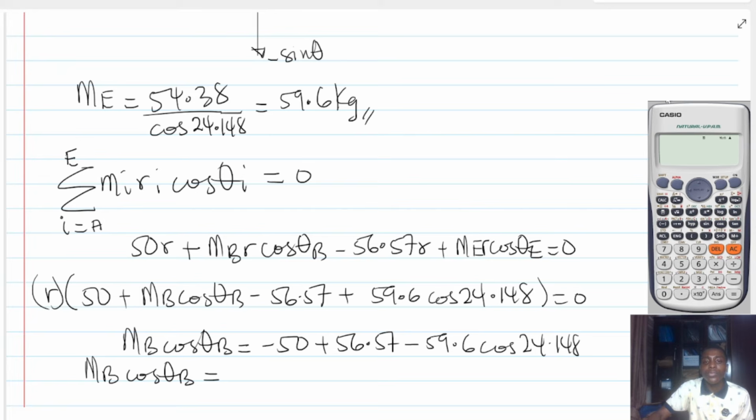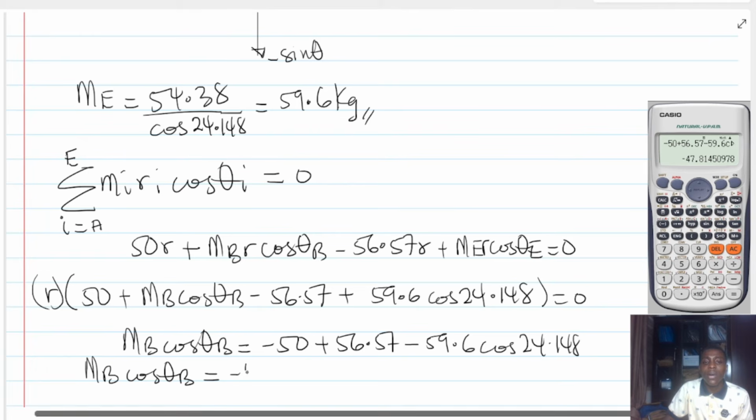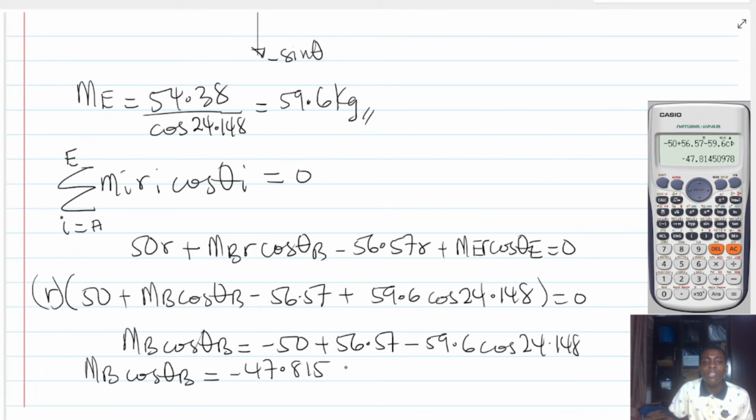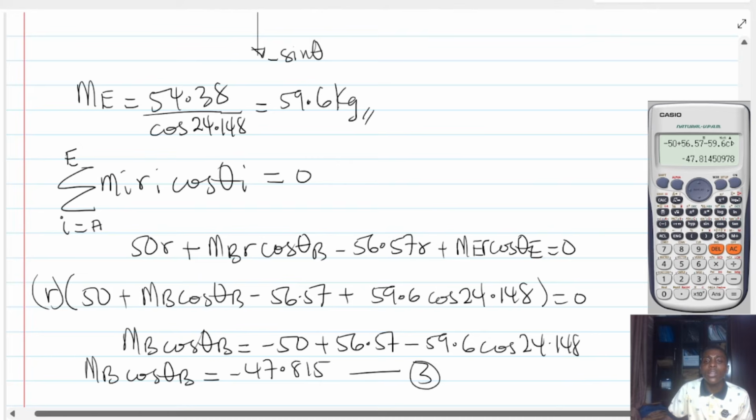So I will get minus 50 plus 56.57 minus 59.6 cosine 24.148. And what is that? Minus 47.815. So let's call this equation 3.